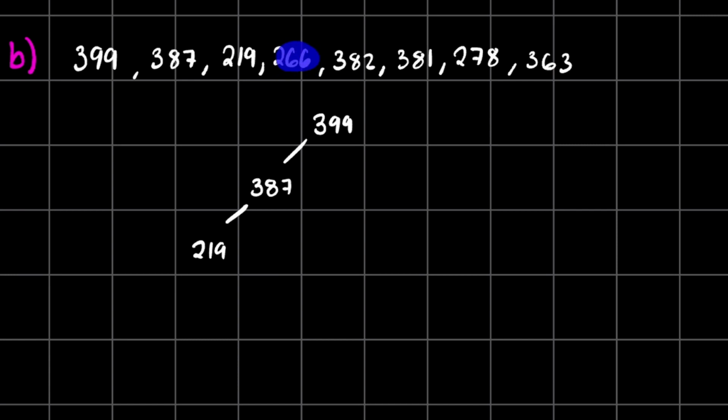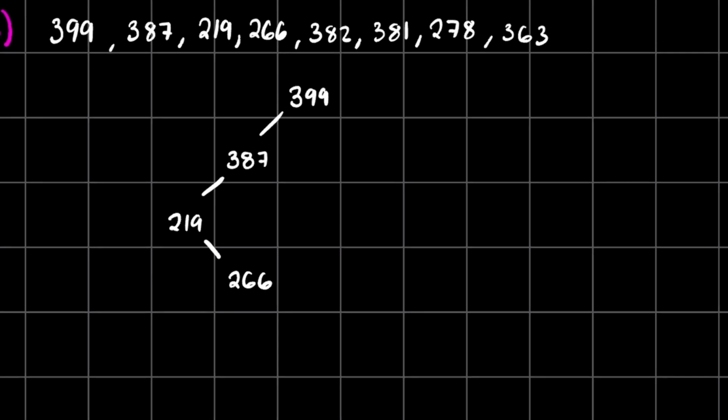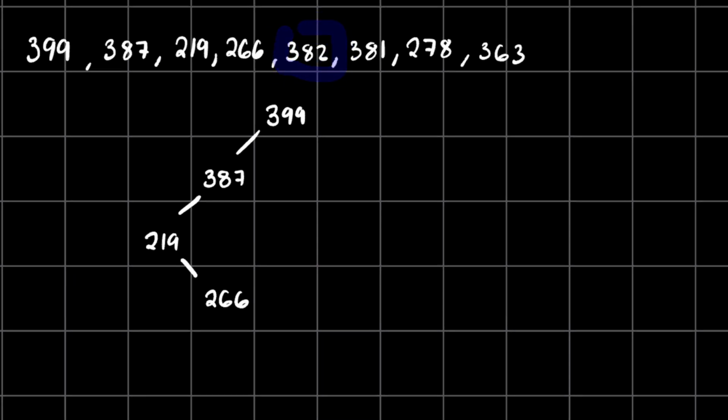Then 266, again, 399, left, 387, left, 319, and now it's going to go to the right. 382, 382 basically says the same thing. We go to 399, it's lower than that. 387, lower than that. 219, bigger, so we go to 266. It's going to be bigger than that.